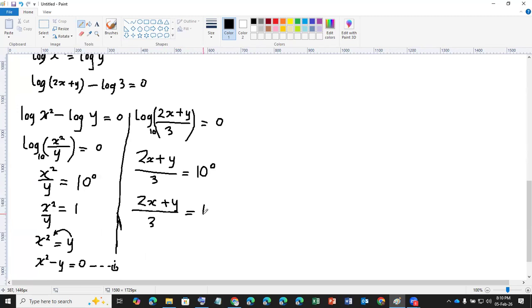And you know what we do to the denominator? Multiply both sides by 3 so that it will become 2x plus y equals 3. Okay, so this will be my equation 2. Yes, sir.